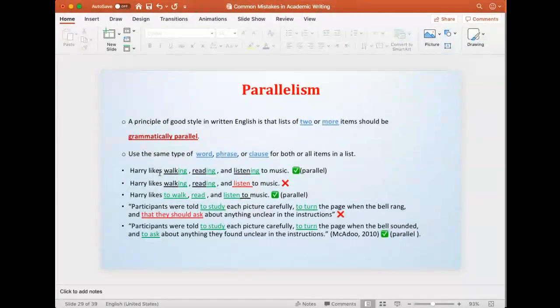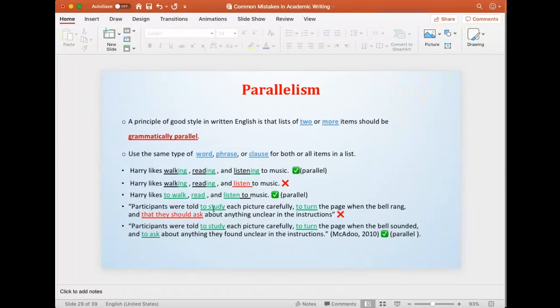I'm not going to read all these examples because time is running. Harry likes walking, reading, and listening to music. This is true. Harry likes walking, reading, and listen to music. This is wrong because listen doesn't follow the rule. Harry likes to walk, read, and listen to music. This is true. It should follow a parallel structure.